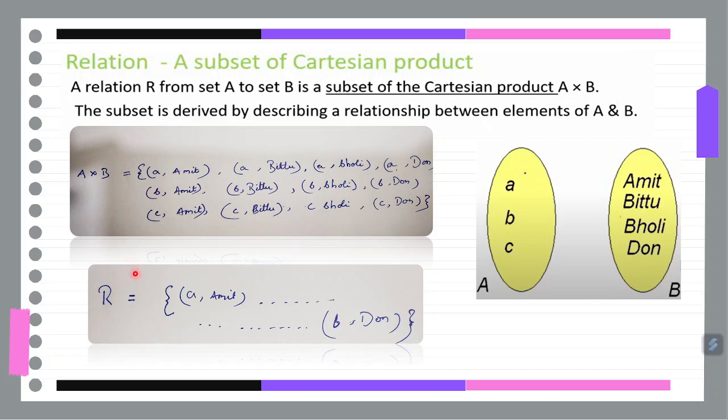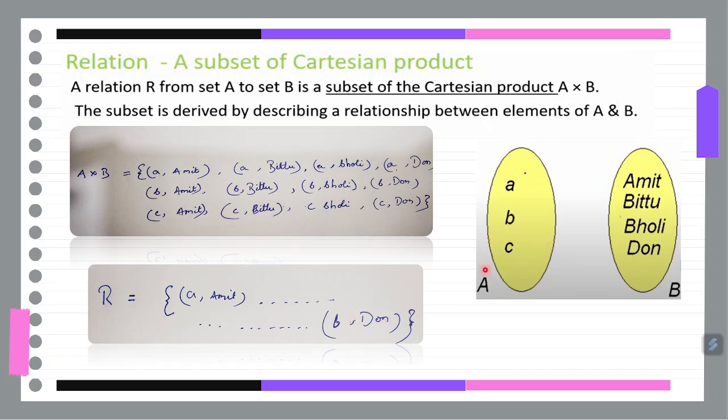So if we create a relation from set A to B where the names start only with a and b, here the relation is a Amit, a Bittu, a Bholi, up to b Don.